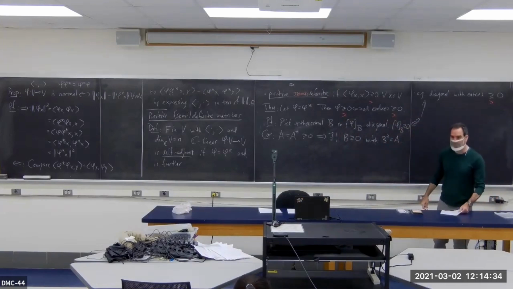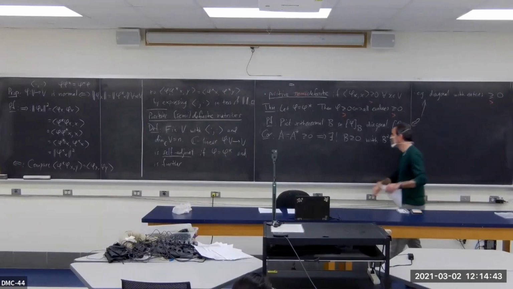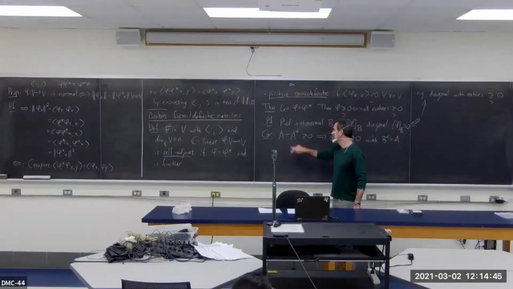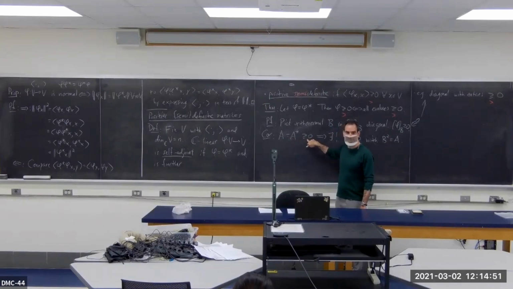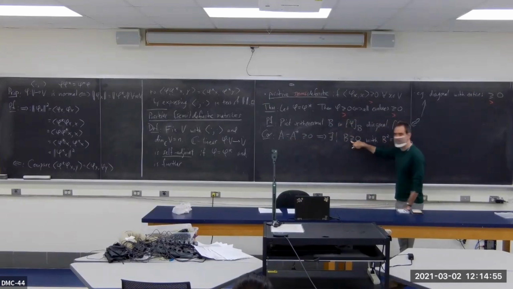Now this will be familiar to some of you from the midterm. The statement that we're making is for self-adjoint operators that are positive semi-definite, as we've written here, and it says that there's a square root that's also positive semi-definite.